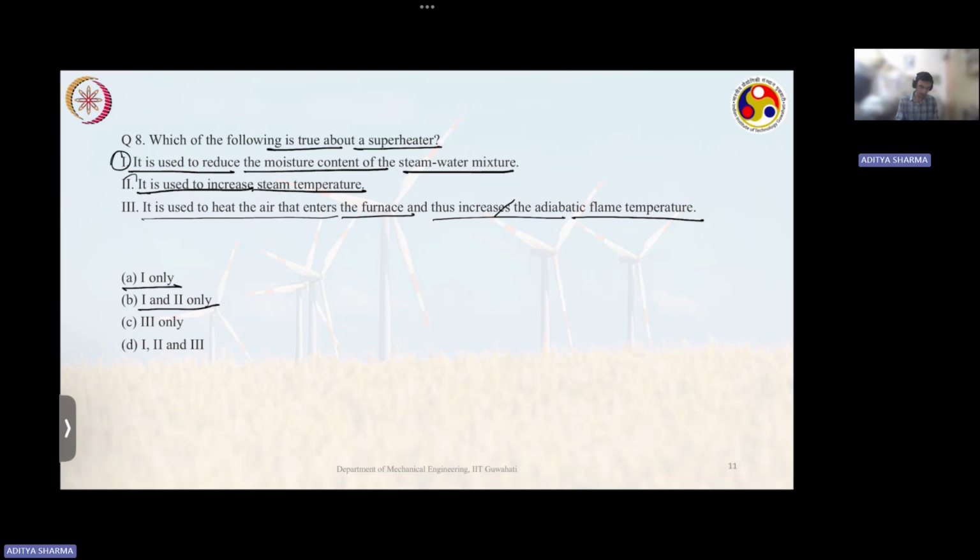Option C says that only the third is correct. So we know that the third is not correct, because the third statement is for your air preheater and not for your superheater, okay?